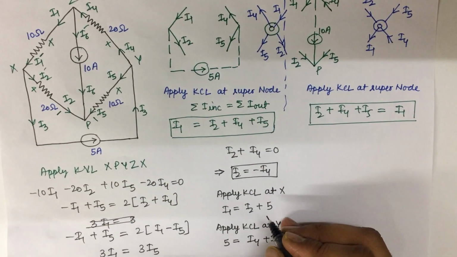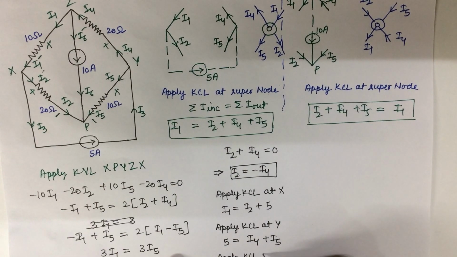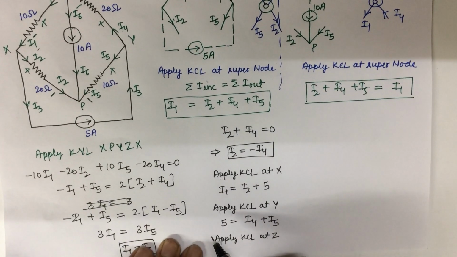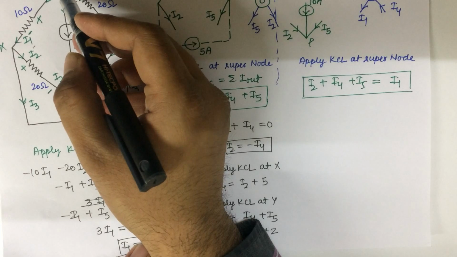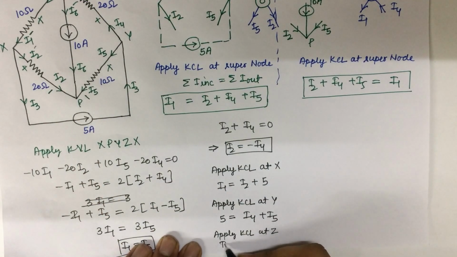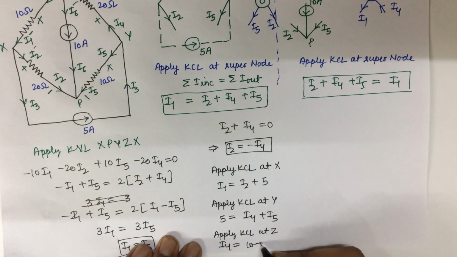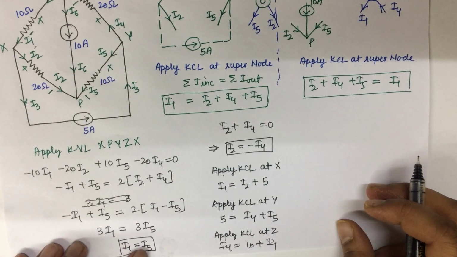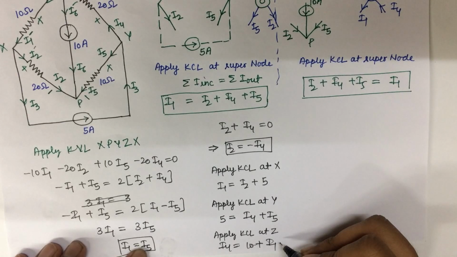Again apply KCL at point Z. Here I4 is equal to I1 plus I6, meaning I4 is equal to 10 plus I1. So we derive three equations here.